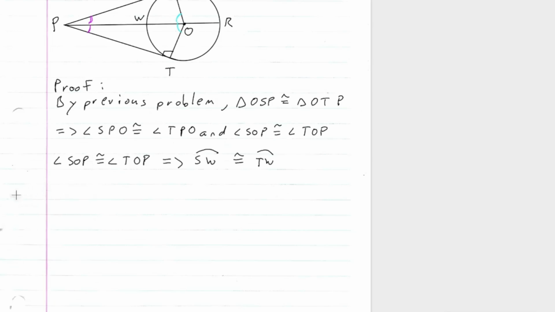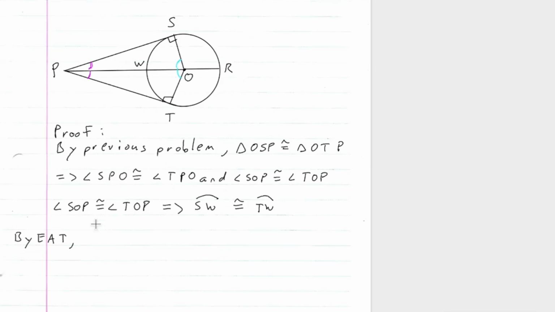So now, by the exterior angle theorem, so I'm going to get a new color, so maybe red. So hopefully you guys can see that I'm going to try to show that this angle here is congruent to this angle here.